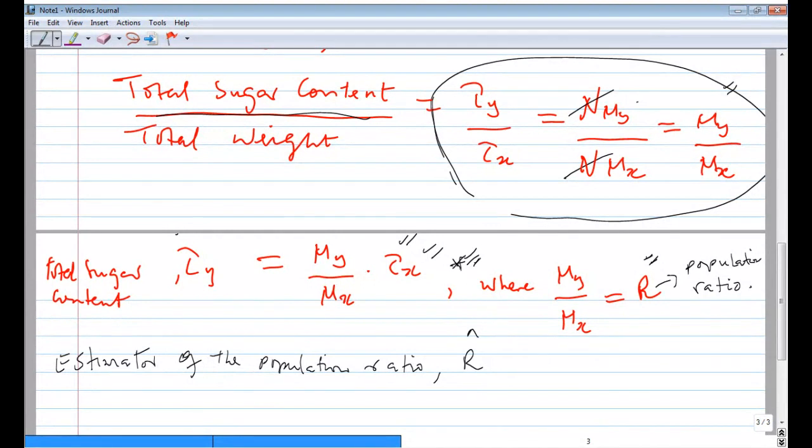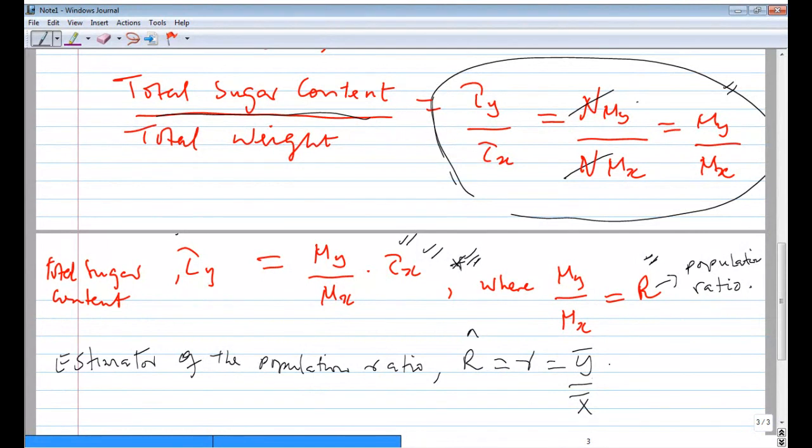If you want to find R estimate, you are going to say R estimate is equal to small r. That small r shows that it is an estimate of the population ratio. And it's equivalent to y bar over x bar.